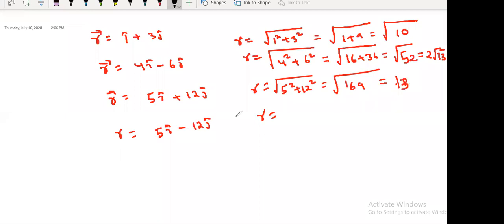Right? Now see this. 5i cap plus 12j cap हो या 5i cap minus 12j cap, डिस्टेंस तो सेम है ना, सिर्फ डायरेक्शन अलग है कि नहीं? So magnitude will be same. Magnitude will be same, only direction will change. Got it?